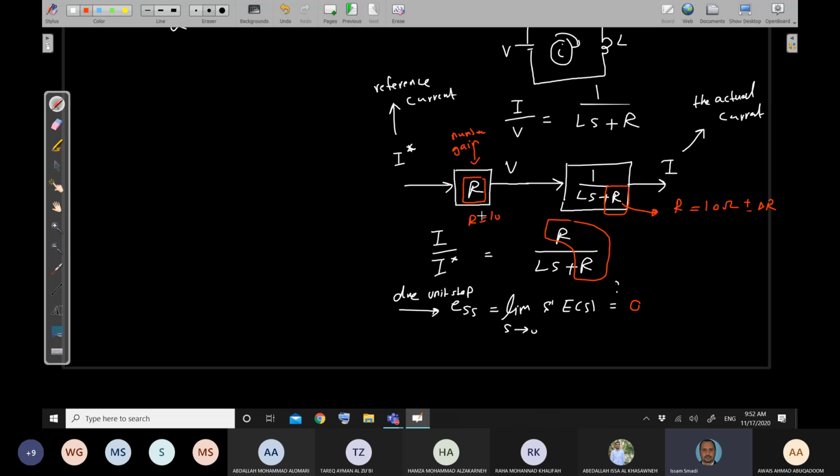So now what I need to study is what will happen to the transfer function if a certain parameter changes, let's say R changes.